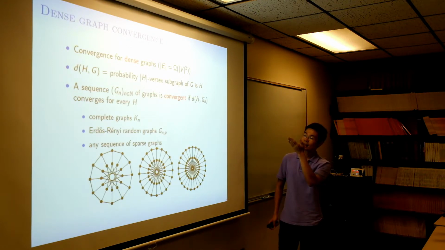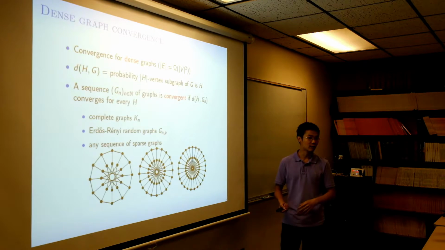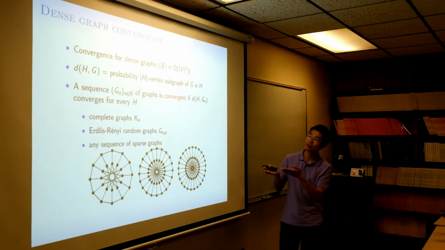Because if you look at any small graph and its density in a sparse graph, then it is always little o of 1, which means it always converges to 0. So the sequence always converges, and in this way you are not able to see any structure of the graphs. That's why this definition only makes sense for dense graphs.